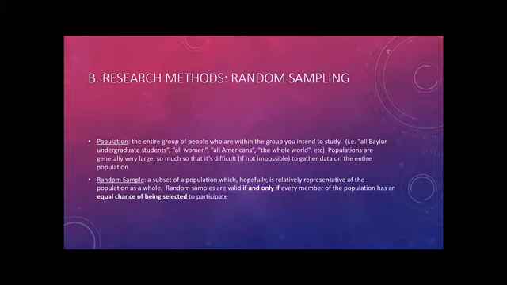So if we were again talking about the issue of saying my population is all women, but my random sample is just some Baylor women, well, all the other women of the world did not have an equal chance of being selected to participate in this study. You only chose to go after Baylor women because that was accessible to you. So it's not truly a random sample because not every member of the whole population of women across the world was eligible to be selected or had an equal chance of being selected.